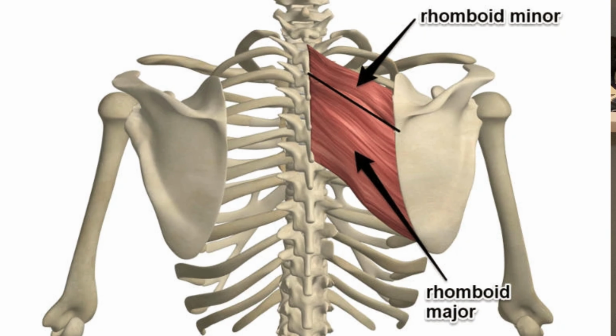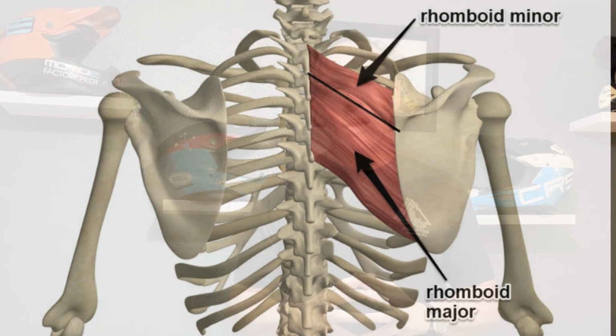So for example, you may have a spasm in your rhomboids. That's a muscle that runs from your spine to the vertebral border of the scapula. Just a fancy way of saying the side of your shoulder blade that faces the spine, the vertebrae. That's why they call it the vertebral border. Now look at all these muscles that attach from the spinal column to the vertebral border of the scapula.